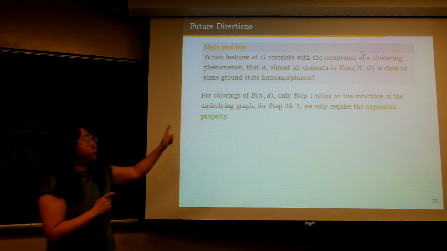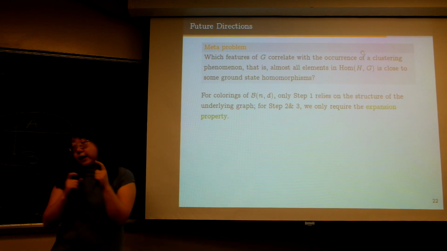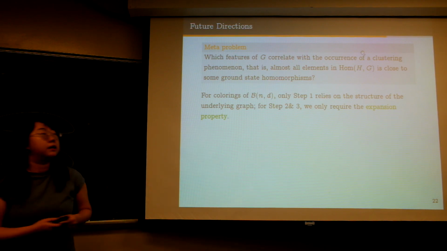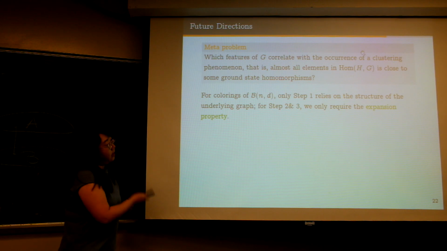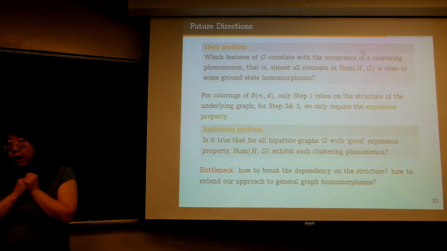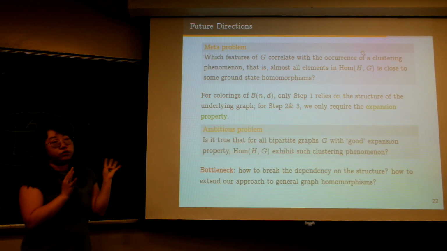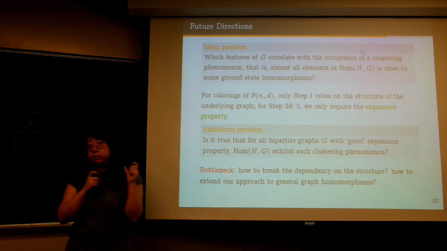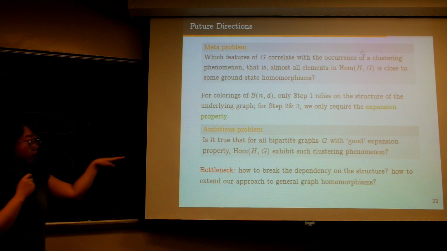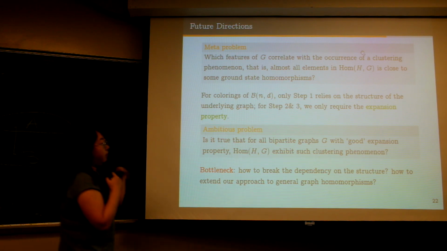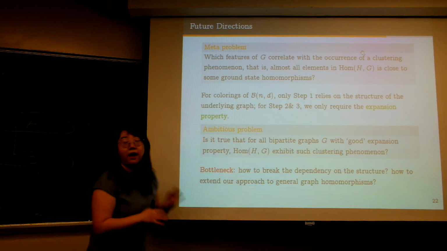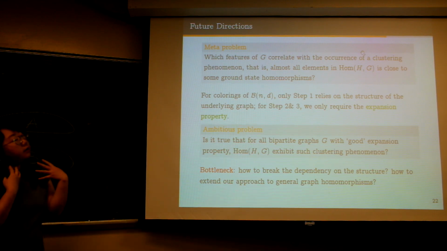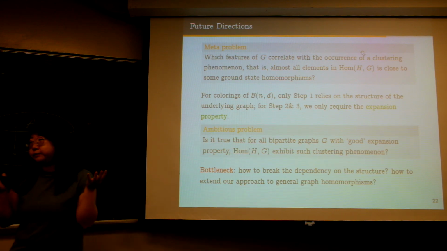And for both step 2 and 3, we only require the expansion property. So then, a perhaps ambitious problem is: is it true that for all bipartite graphs with a good enough expansion property, the homomorphisms from G to H exhibit such nice clustering phenomena?